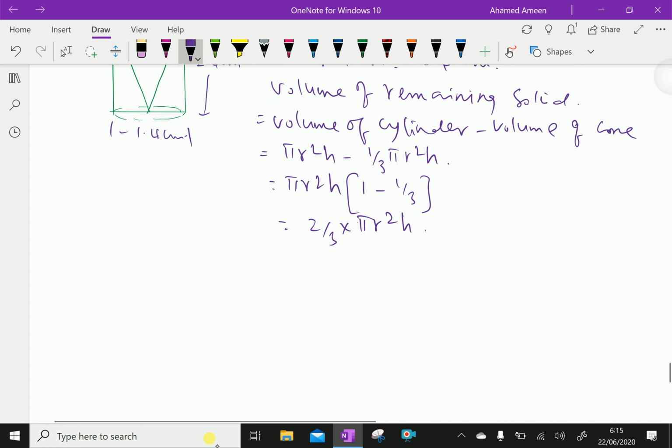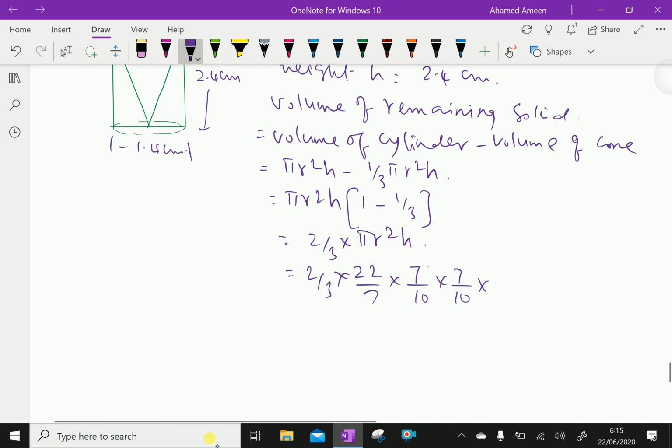We'll put the value 2 by 3, pi is 22 by 7, and the radius is 0.7. We can write 0.7 as 7 by 10, square is another 7 by 10, and the height 2.4 is 24 by 10.